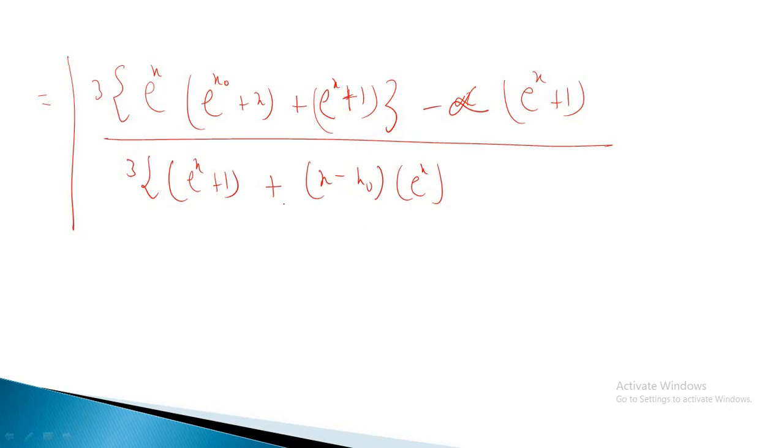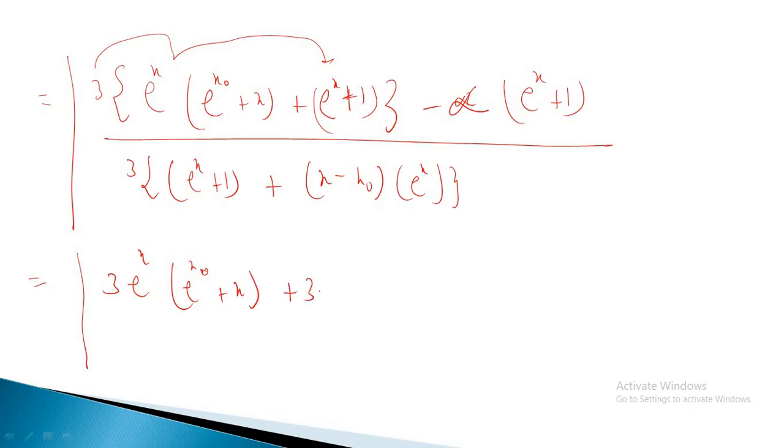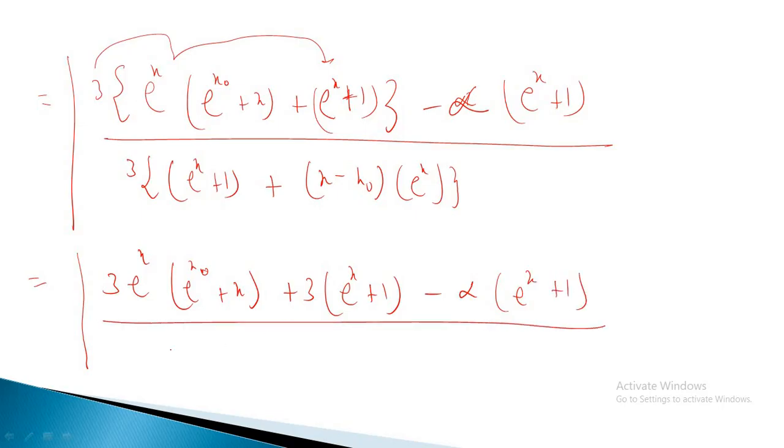Now let's first simplify it. To simplify it, we have to multiply 3 with this expression and with this expression. So we'll get 3 e raised to power x times e raised to power x naught plus x, plus 3 times e raised to power x plus 1 minus alpha e raised to power x plus 1, divided by 3 times.